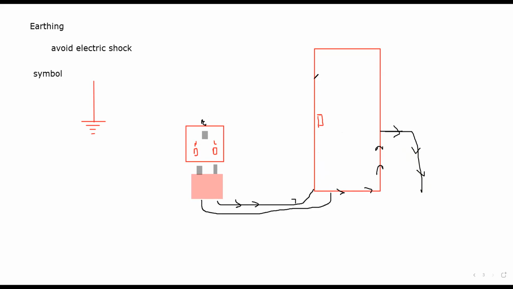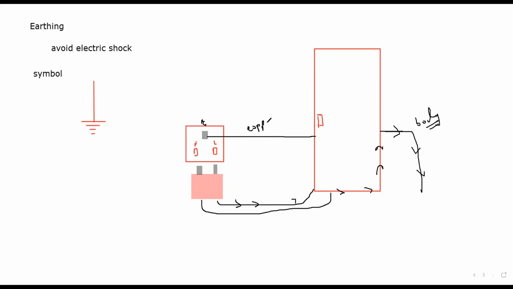There is another wire which is connected to the metal body, and that is known as the earthing wire. So what happens if there is a current in the live wire? Two possibilities are there. One is the human body through which the current can pass, and another is the copper wire.